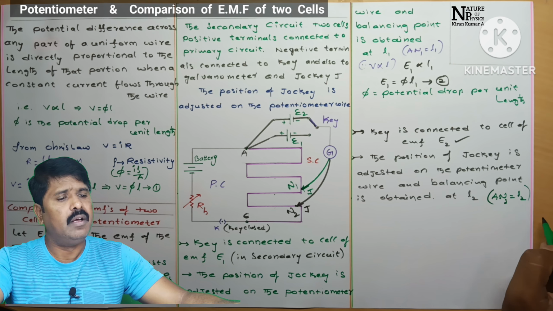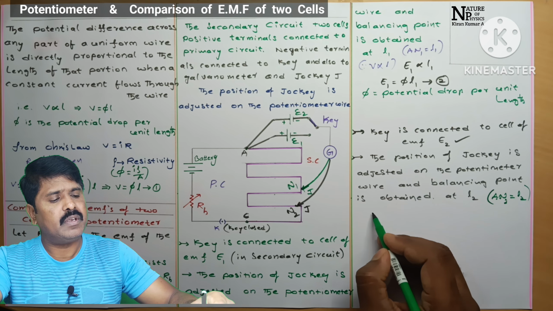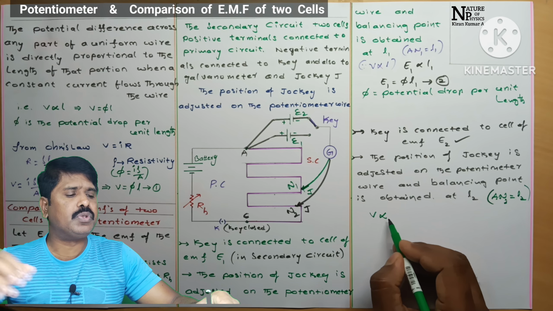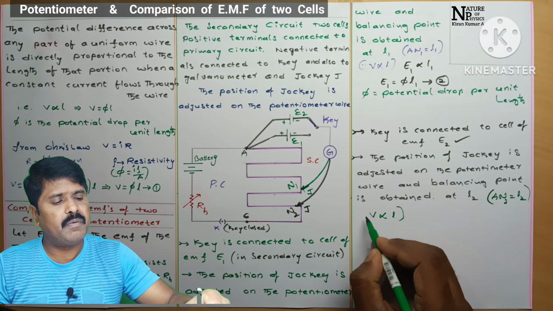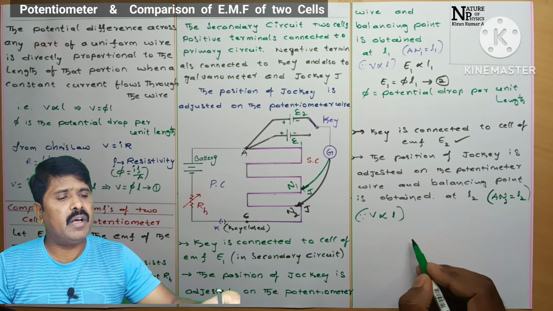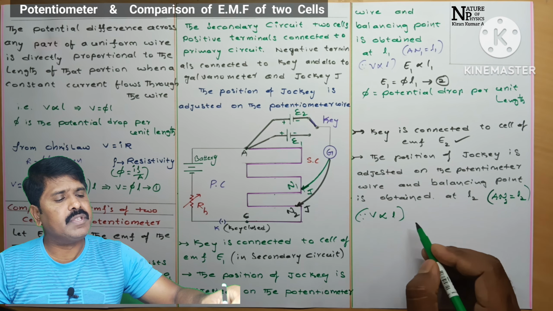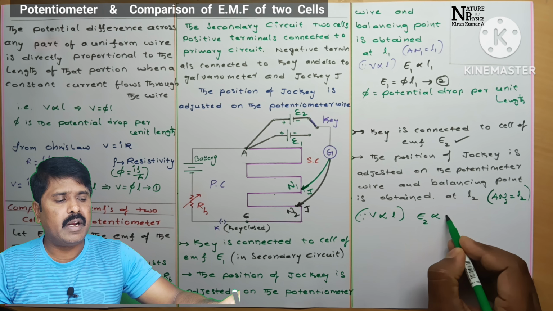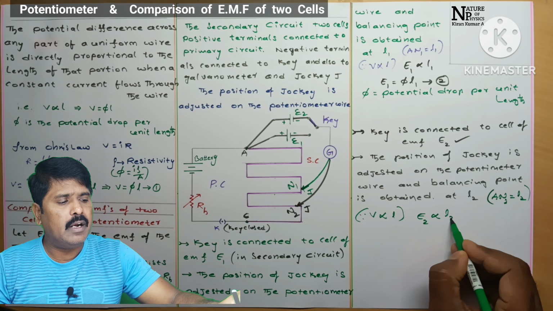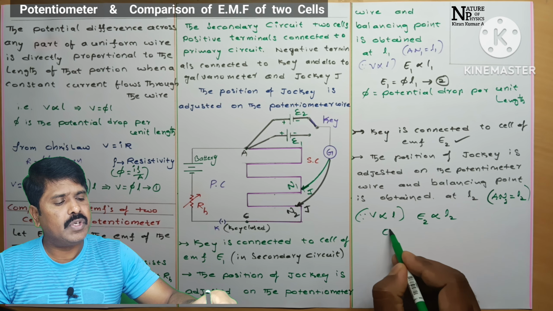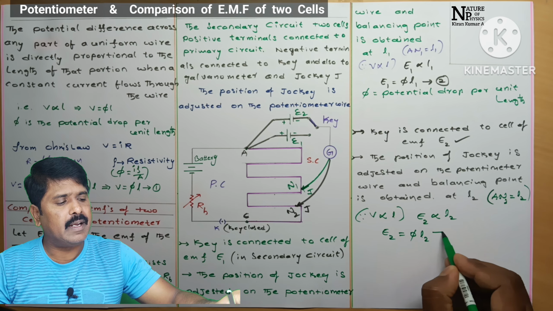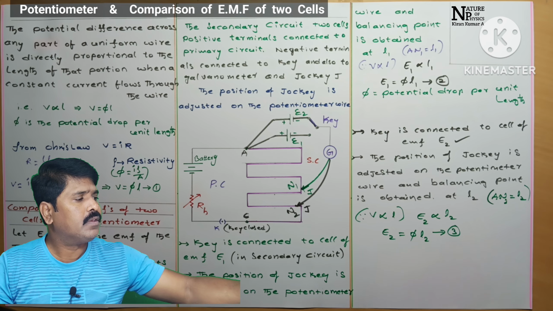The potential difference across any part of the wire is directly proportional to the length of the wire, from the potentiometer formula. So here the cell EMF E2 is also directly proportional to L2, and E2 equals phi L2. I can write this as equation number 3.